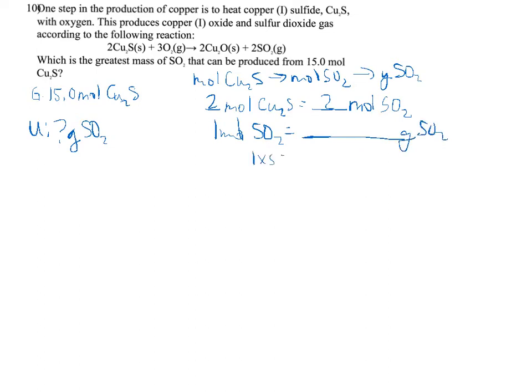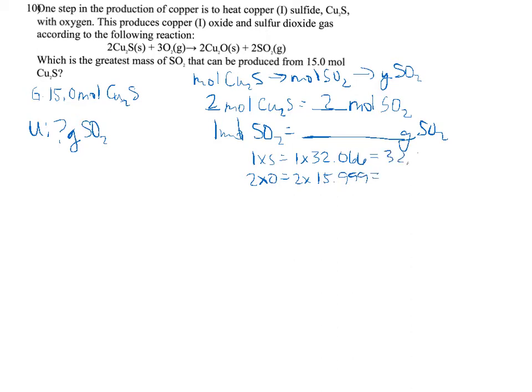So that's 1 times sulfur and 2 times oxygen. Sulfur is 1 times 32.066, the mass of sulfur on the periodic table. And then we have 2 oxygens, 15.999. Remember, get those straight from the periodic table.